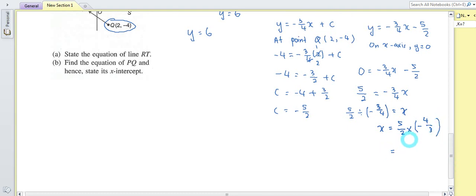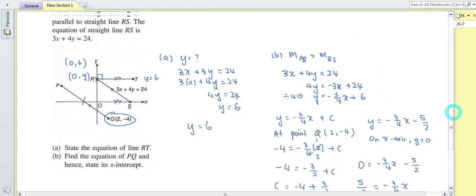Okay, just press the calculator. Be careful, you have a negative here. Okay, so the x-intercept is negative 10 over 3.